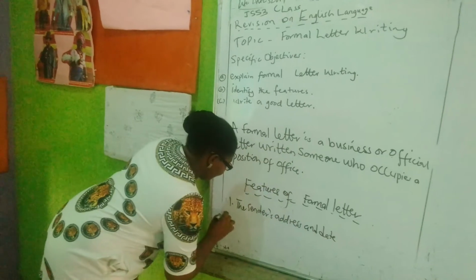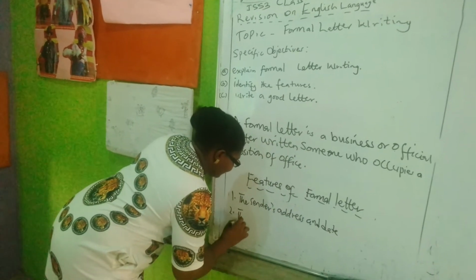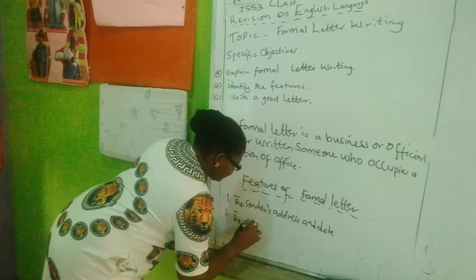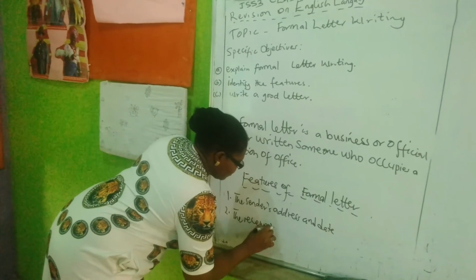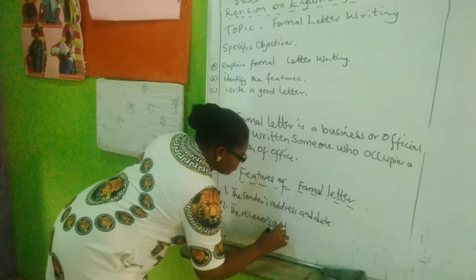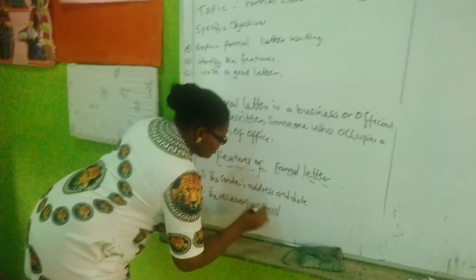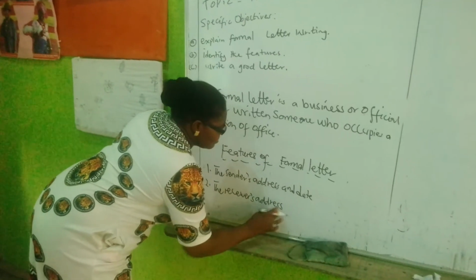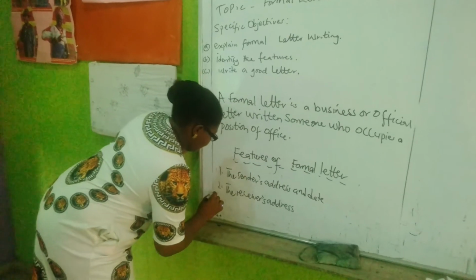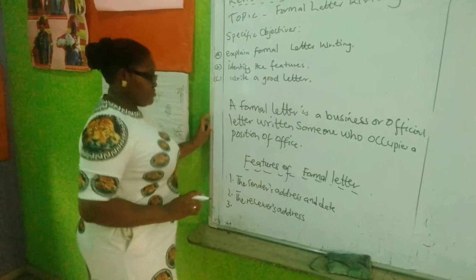Then number 2, the receiver's address, that is where it is going to, the name and the designation of the receiver.